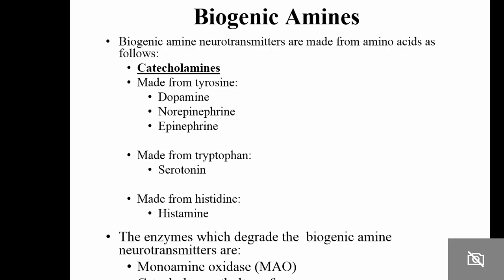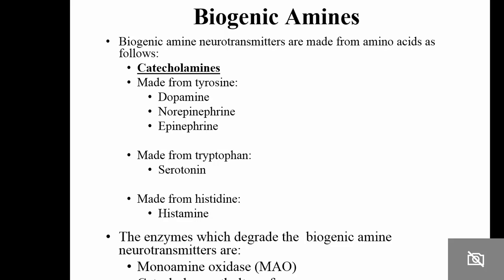Okay. We went through these before. The only thing I want you to focus on in this slide, so you have that table that we went through, is that the enzymes which degrade the biogenic amines are monoamine oxidase and catechol O-methyltransferase.